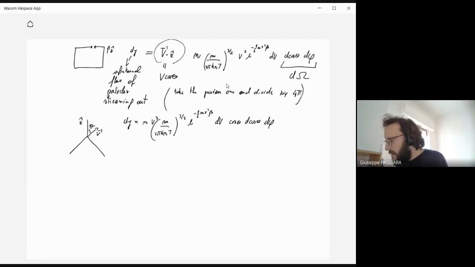Now, let's make the integral over the solid angle. So let us integrate over the omega, and therefore we have a dj.